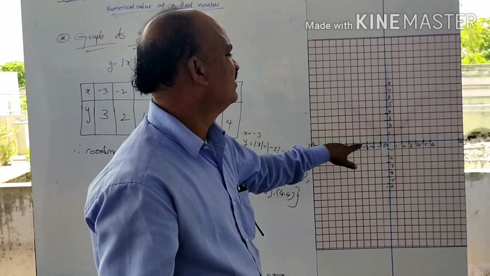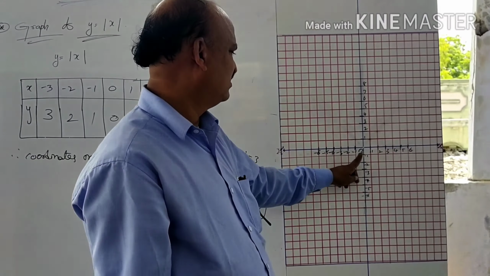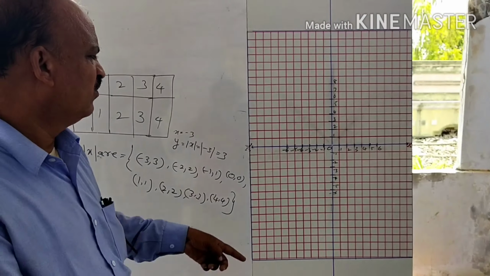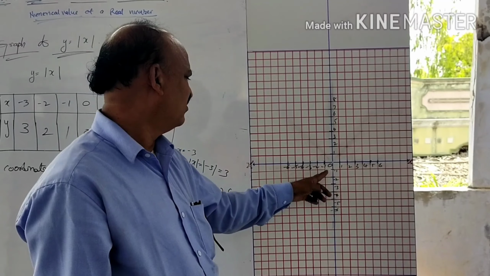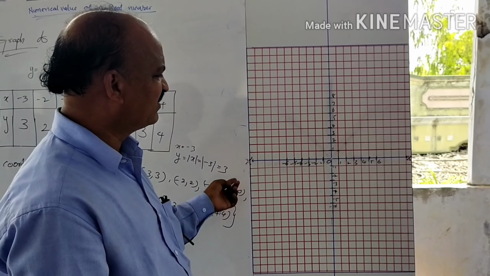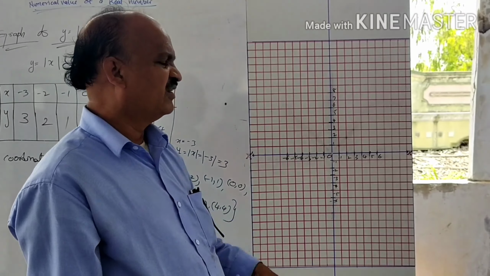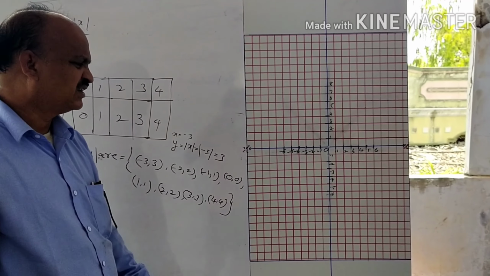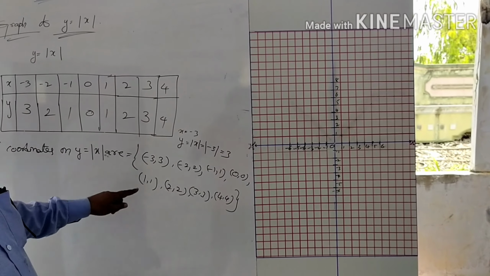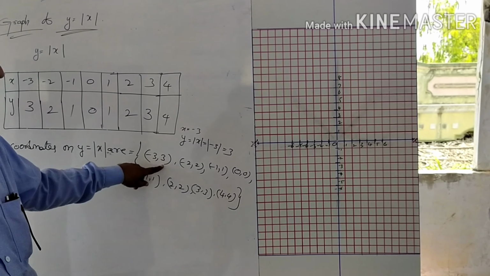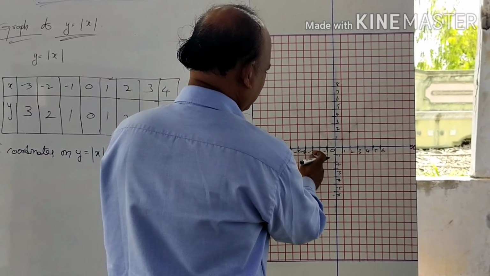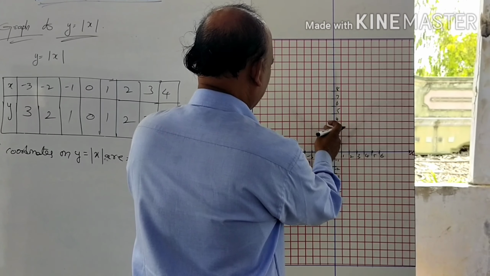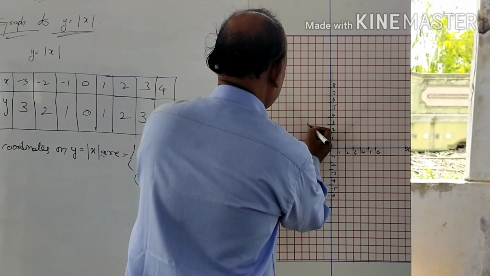Here it is x-axis, it is y-axis, origin O. 1, 2, 3, 4, 5, 6 and minus 1, minus 2, minus 3, minus 4, minus 5, minus 6 on the x-axis, and similarly on the y-axis. Plot minus 3, 3.